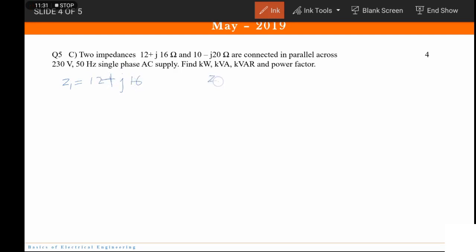Okay. Z2 is 10 minus J20. Okay. So since it is in parallel, I will be calculating Y1. So Y1 will be 1 upon Z1. Okay.